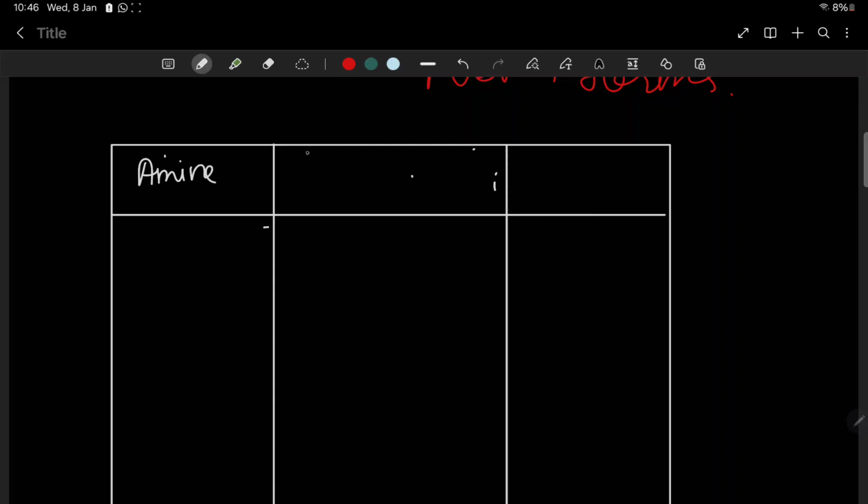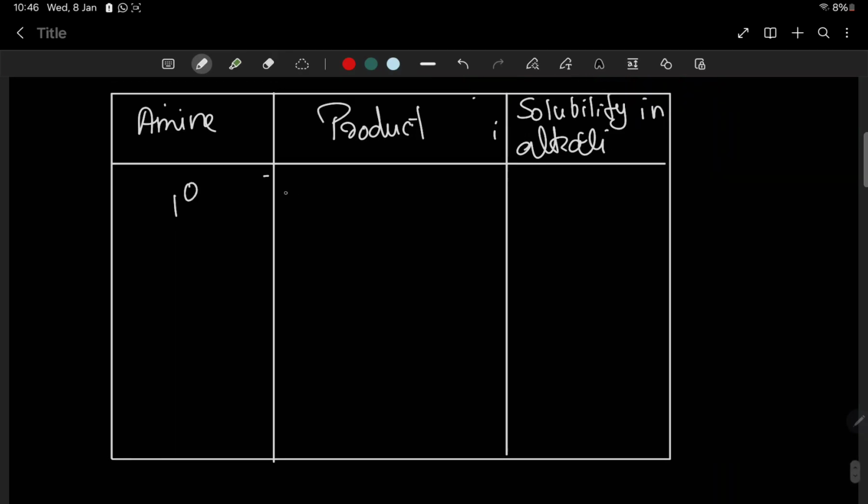Amine, product, solubility in alkali. First one, primary amine. The compound we are getting is N-alkyl benzene sulfonamide.